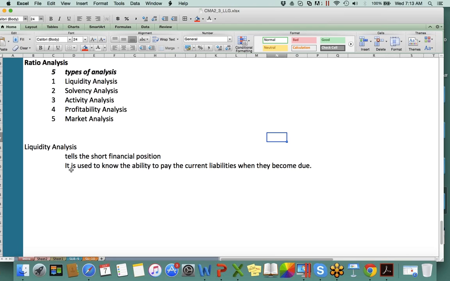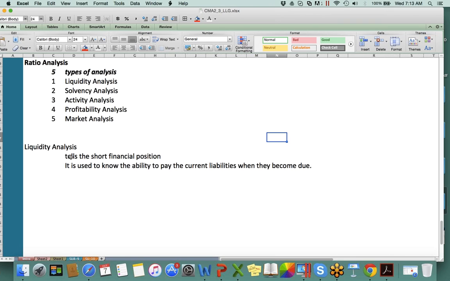Liquidity analysis builds the reputation. Lack of liquidity spoils the reputation. Therefore, you need to have a sufficient amount of liquid assets to meet the current liabilities.